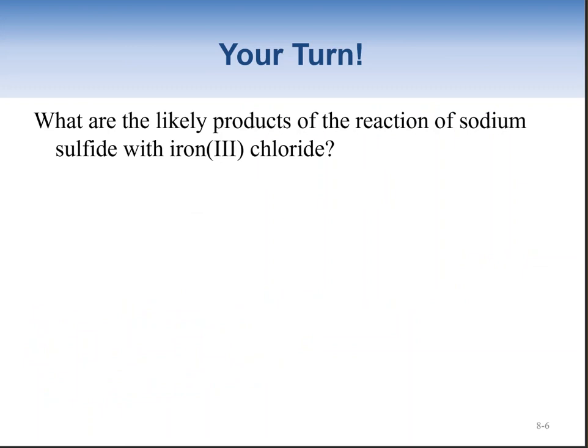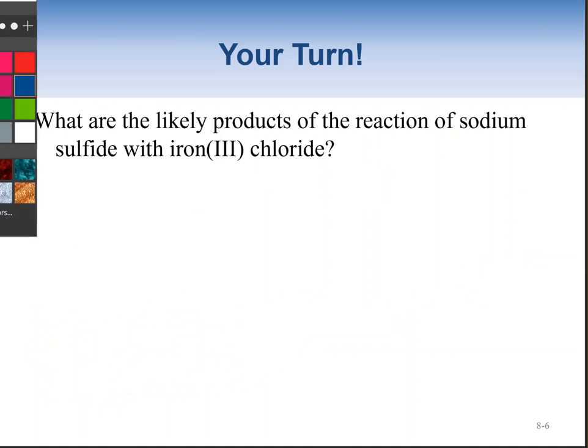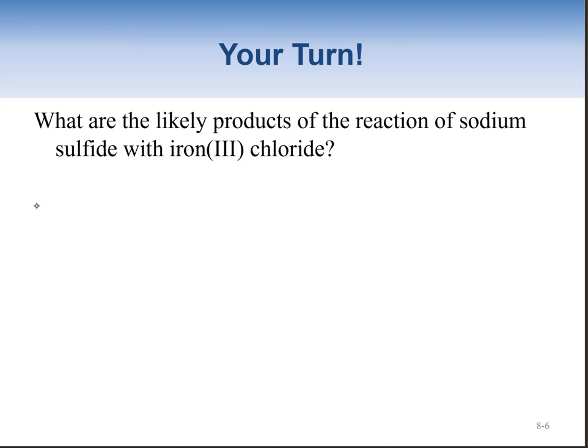You want to know what are the likely products of the reaction of sodium sulfide with iron 3 chloride. So let's write the reaction. We want the reaction of sodium sulfide and iron 3 chloride. From this reaction, let's first identify our ions.